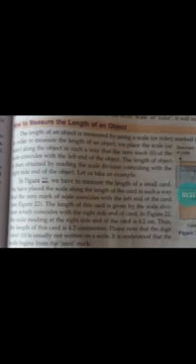In figure 22, the scale reading at the right end of the card is 4.2 centimeters. See students, this is 4, and there are some more divisions, 1, 2. That means the length of the card is 4.2 centimeter. So this is how we get the correct reading of any object. Okay.